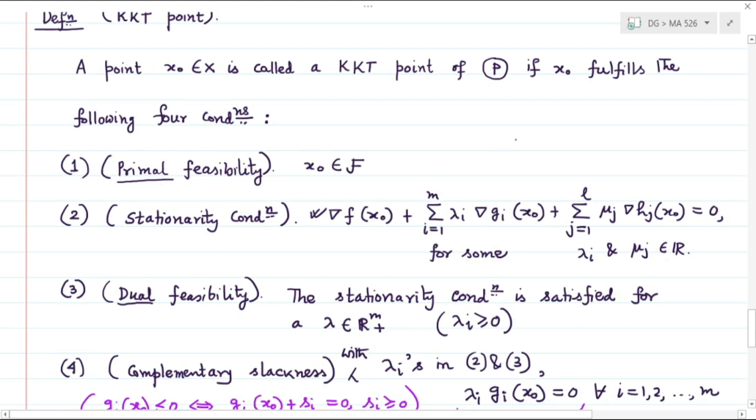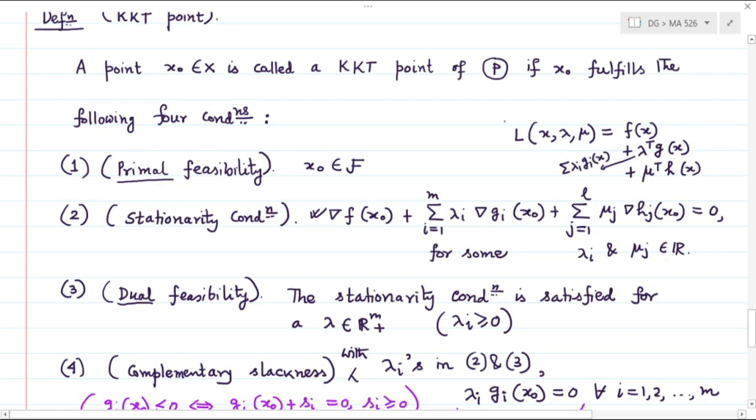If you define a function, the Lagrangian function L(x, lambda, mu), by f(x) plus lambda transpose g(x), where g(x) is the vector valued function with components g1(x), g2(x), g3(x) up to gm(x), and here mu transpose h(x). So lambda transpose g(x) is nothing but the summation of lambda i into gi(x). Similar is mu transpose h(x).